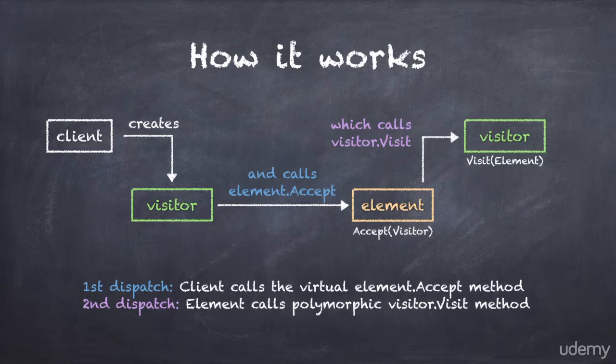The .NET Framework selects the correct polymorphic visit method based on the type of the this pointer. This happens at compile time, and it is the second dispatch. These two tricks implement double dispatch and ensure that the correct code runs for every unique combination of visitor and element type.